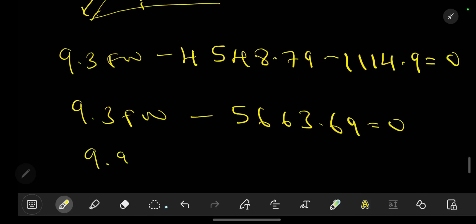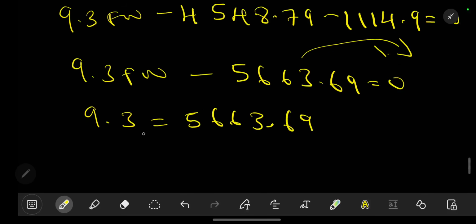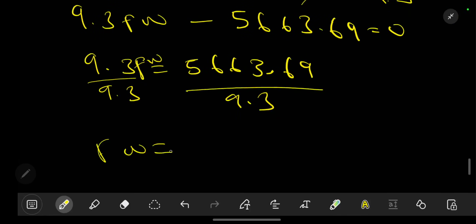So we have 9.3 FW should be equal to this, because on the other side it will be 5,663.69. We have our FW 9.3 over 9.3. So our FW will be equal to, when we divide, 5,663.69 divided by our 9.3.